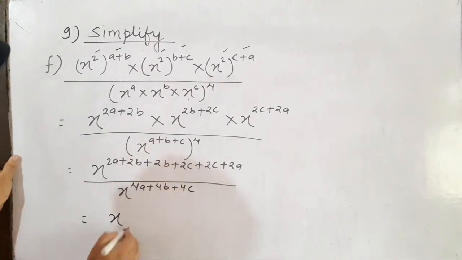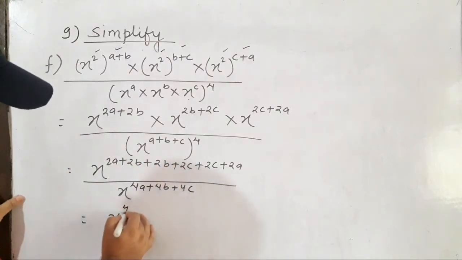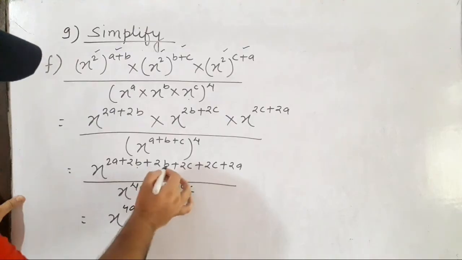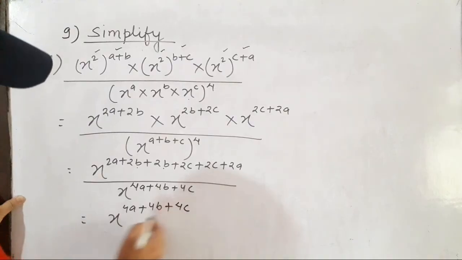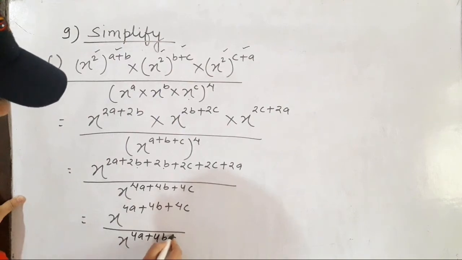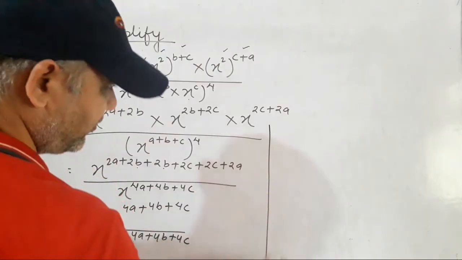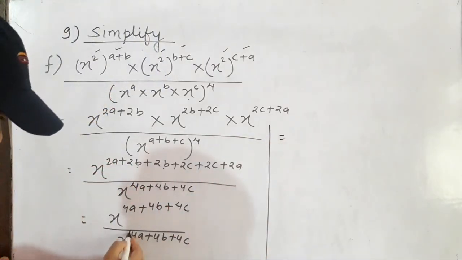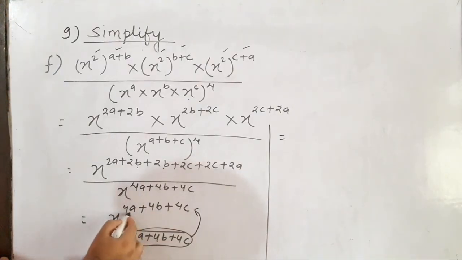Equal to x power 2a plus 2a, 4a, plus 2b plus 2b, 4b, plus 2c plus 2c, 4c, by x power 4a plus 4b plus 4c. Now same bases are divided, and when same bases are divided, we shall follow the quotient law of indices. This power will go up and become subtracted with this power.